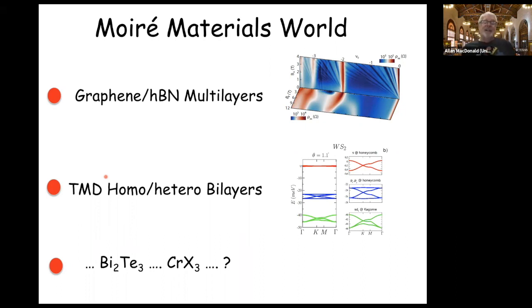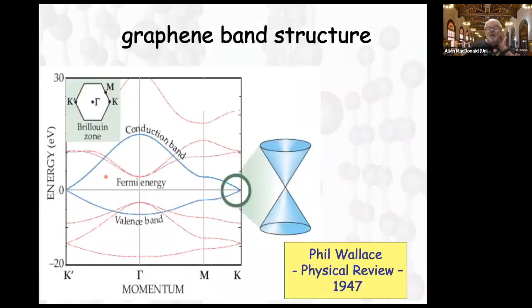And I've listed there a couple that are potentially interesting. It really depends on progress with developing the tear and stack techniques and growing high quality bulk crystals, and only if the mechanical properties are favorable can you make metastable Moire superlattices. So we'll see how it comes with other materials in the future. But my topic is graphene.